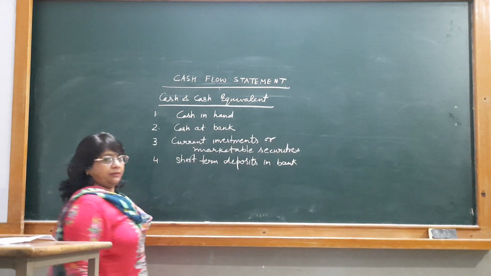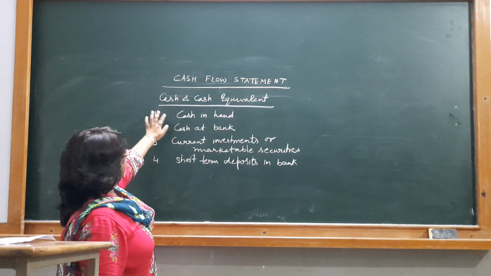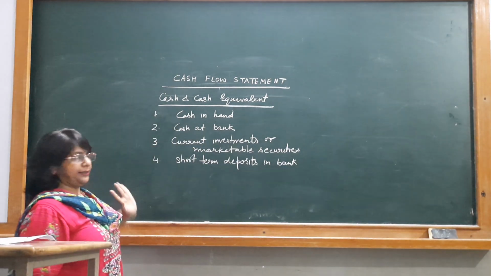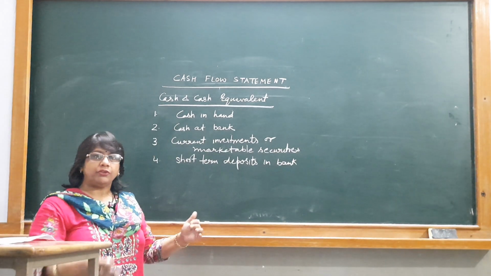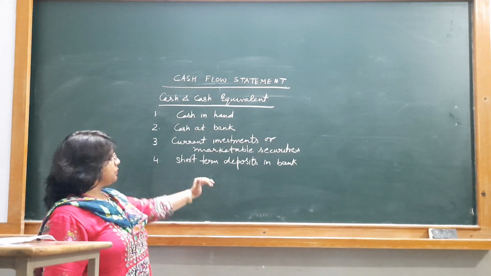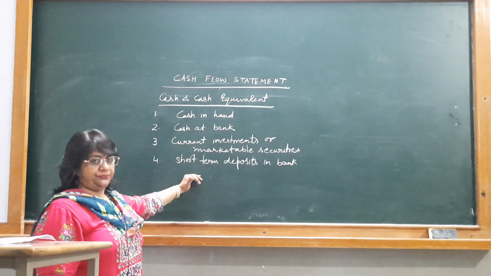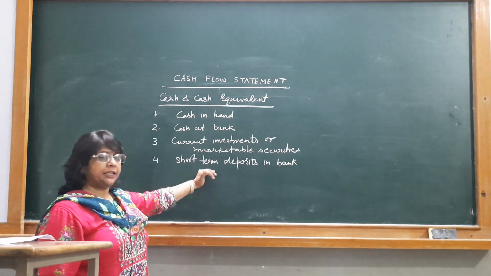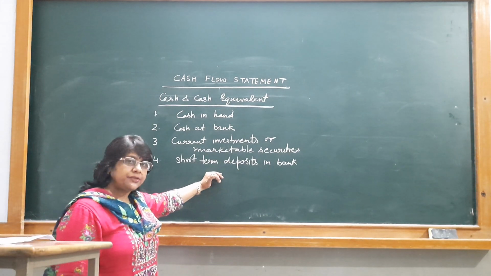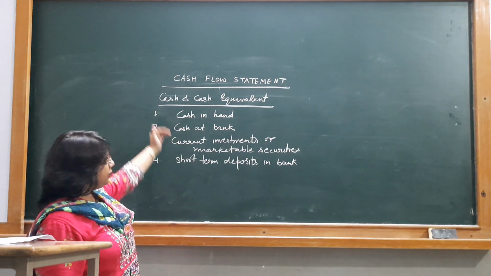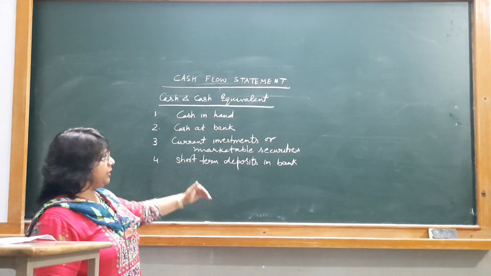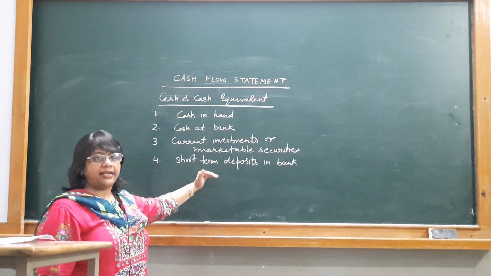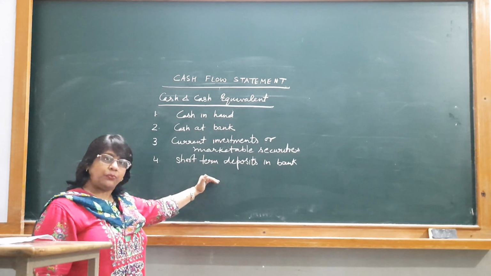So here the first thing to understand, out of these 4 things, if anything is coming into the organization in form of cash, that is called cash inflow, and that will be shown in our cash flow statement as a positive item. And if anything out of these 4 is going, that will be called outflow of cash and cash equivalent.